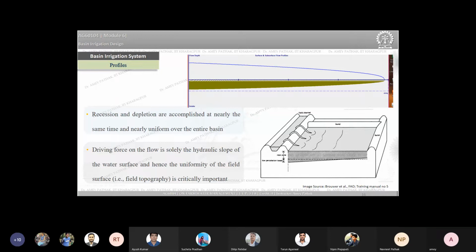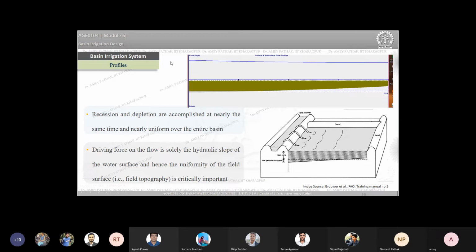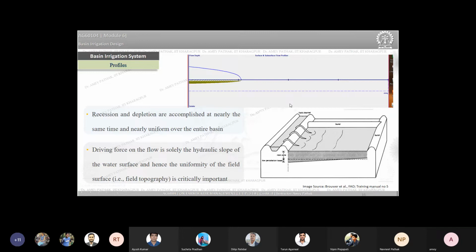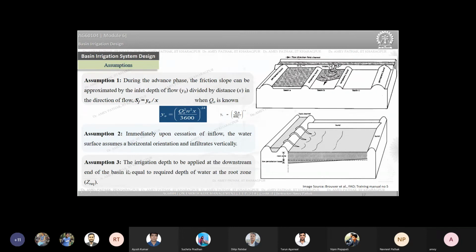Right now you can see it is becoming more or less flat over the entire region. Now here you can see the time of cutoff. After cessation of inflow, the water flows vertically downward. Depletion is happening uniformly over the entire field, and recession is also achieved more or less uniformly. So that is our second assumption.